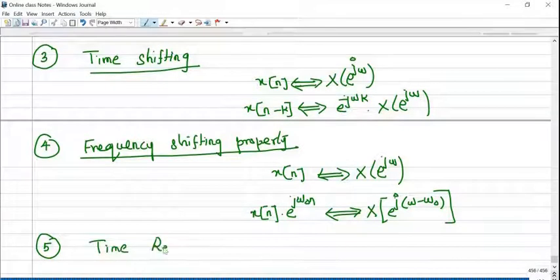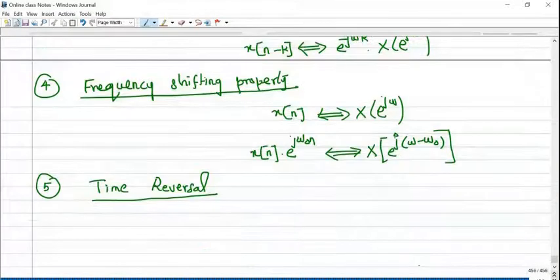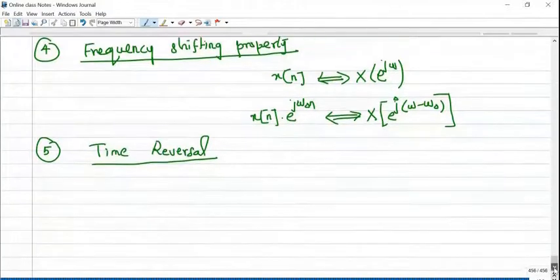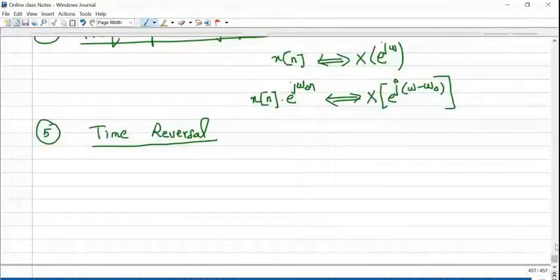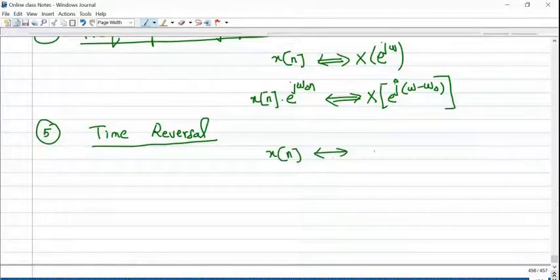Next, time reversal property. That is x of minus n. What is the DTFT result of x of minus n? x of n has DTFT X of e power j omega.